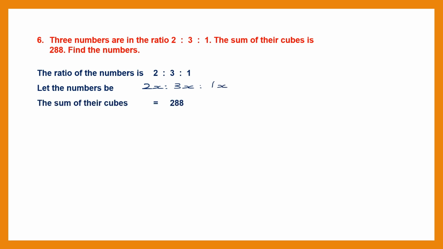Now, the sum of their cubes is given as 288. So the numbers are these, and if we add up the cubes of these numbers, we get 288. That means (2x)^3 + (3x)^3 + (1x)^3 should give us 288.